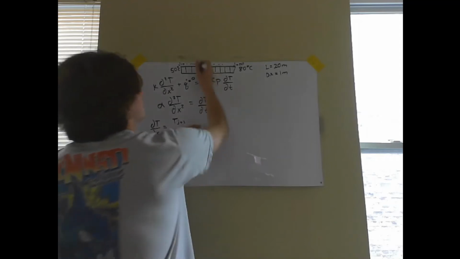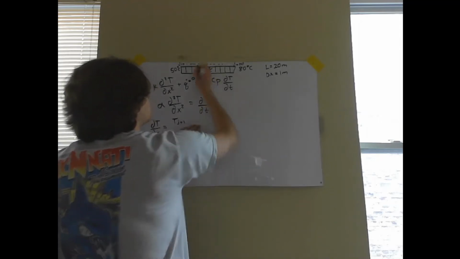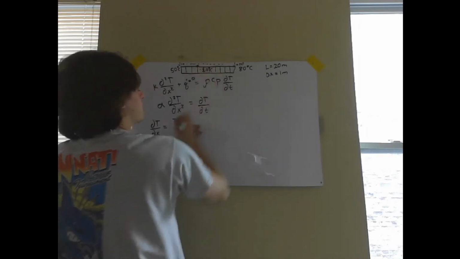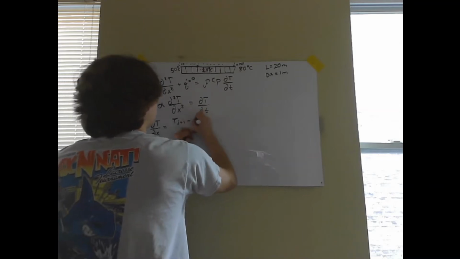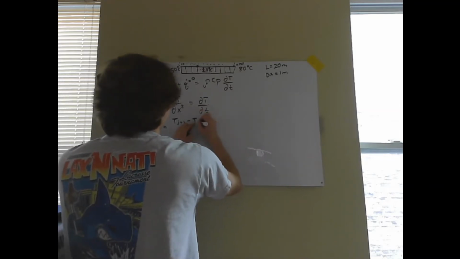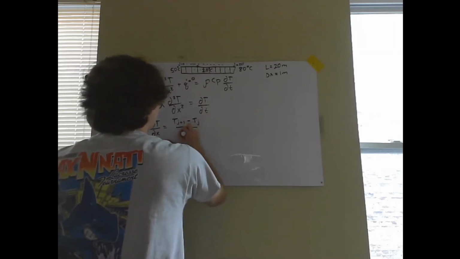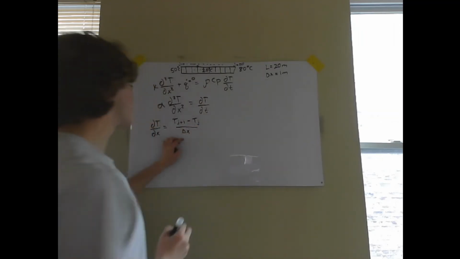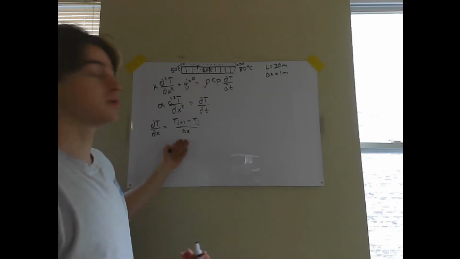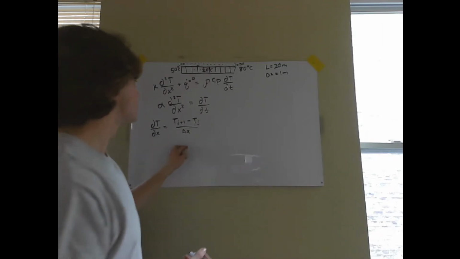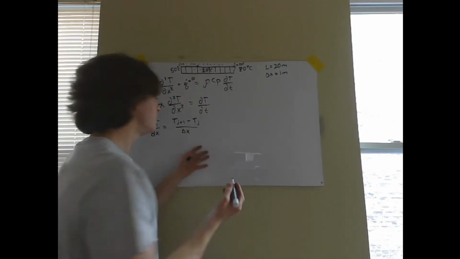So say we're at a block somewhere in the middle here, we'll use the temperature of this block here, subtract it from the temperature of the block that we're at, and then divide it by the change, which is delta x. And so this gives us an approximation for this derivative and simplifies the problem a little bit.